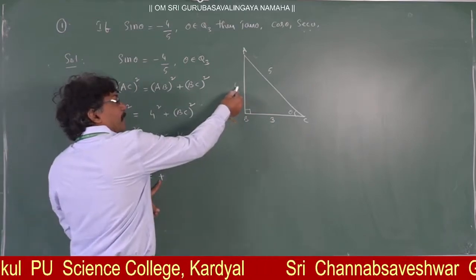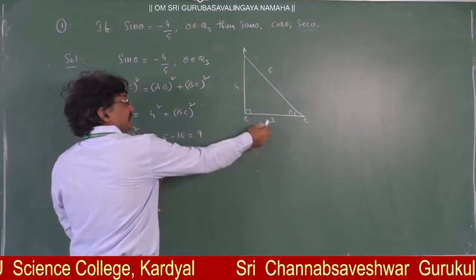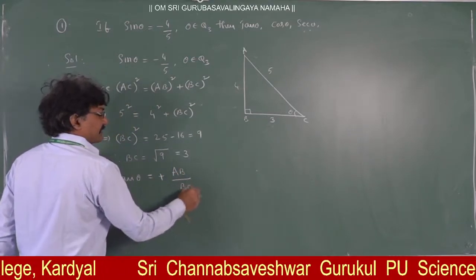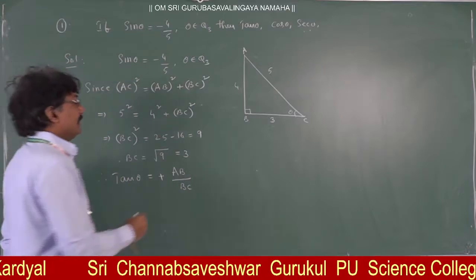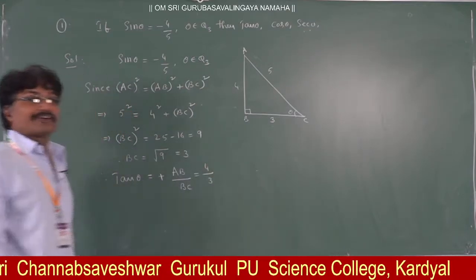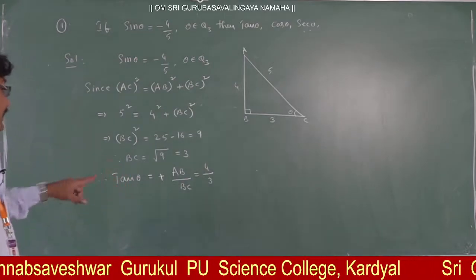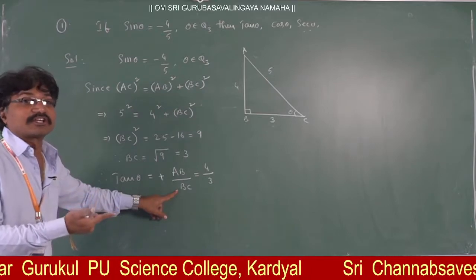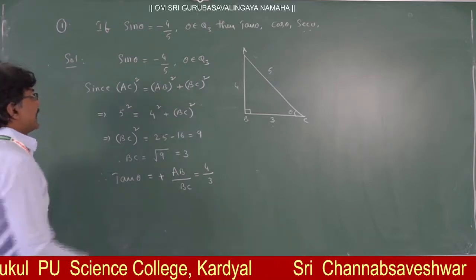Tan theta formula is opposite side by adjacent side, opposite side AB by adjacent side BC. Opposite side is 4, adjacent side is 3. So tan theta is 4 by 3. First symbol and then substitution. That is very important.